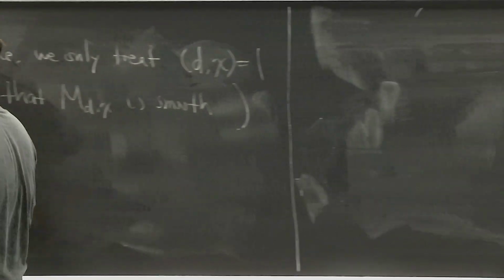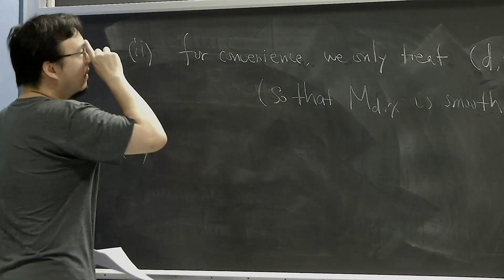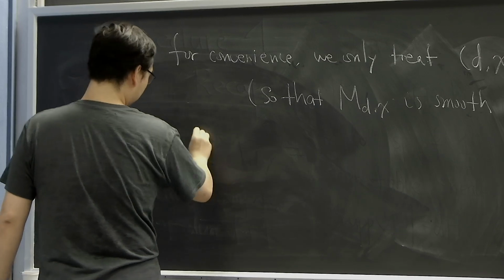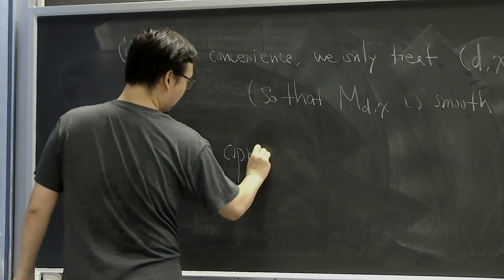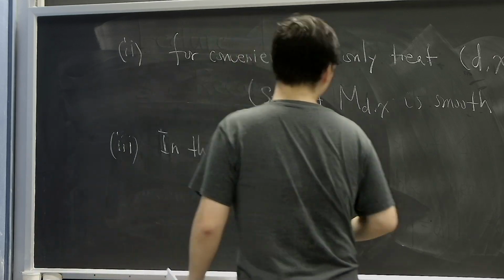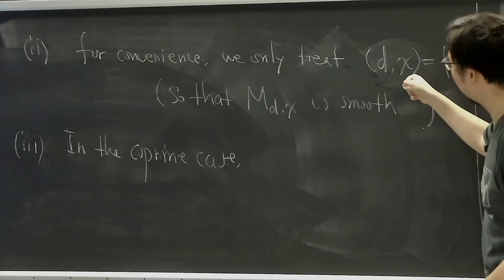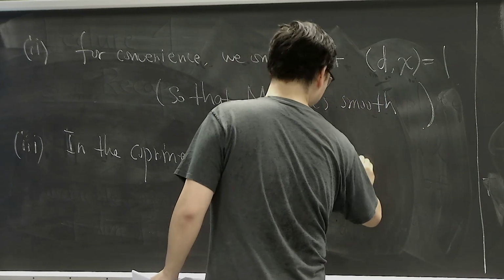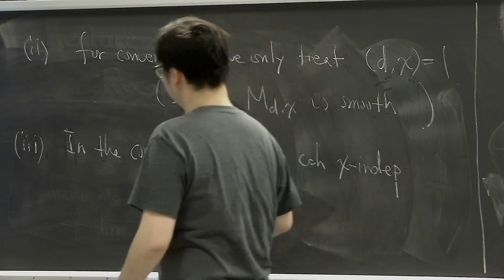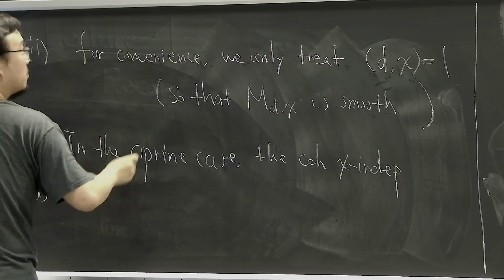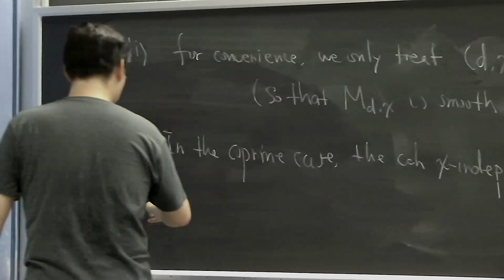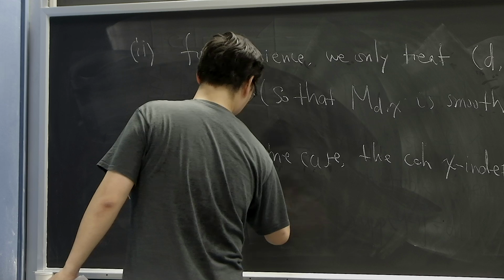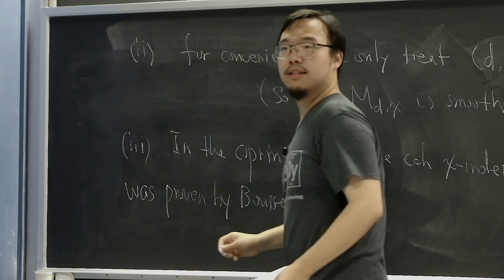And the third remark is that in the co-prime case, so if you always assume that chi is co-prime to D, then the cohomological chi independence, before making this conjecture for P2, was proved by Hsu using scattering diagrams.